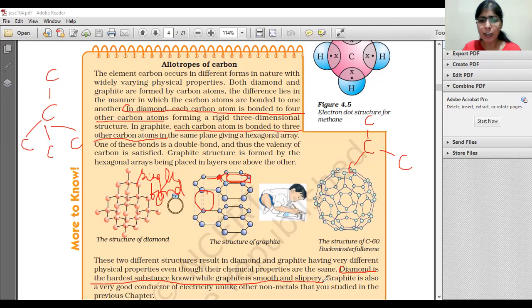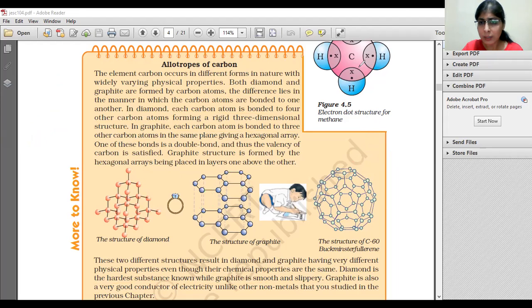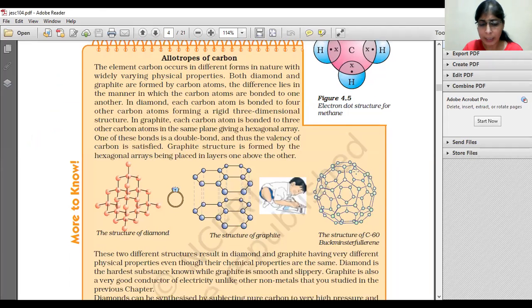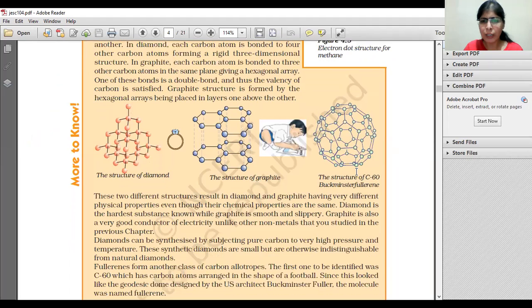If you heat graphite, it becomes very hot, but if you heat diamond, it doesn't get hot easily. So diamond is a poor conductor of electricity and graphite is a very good conductor of electricity.